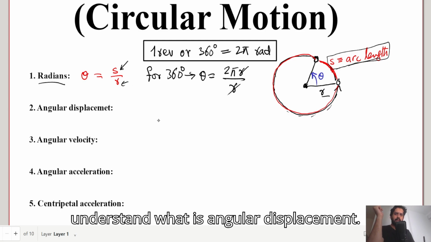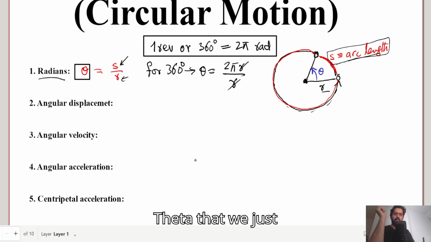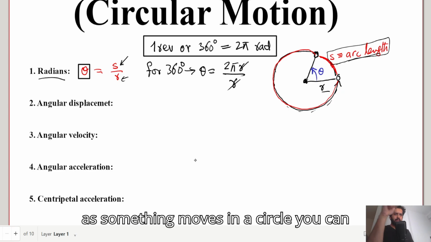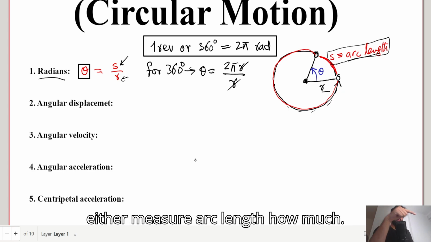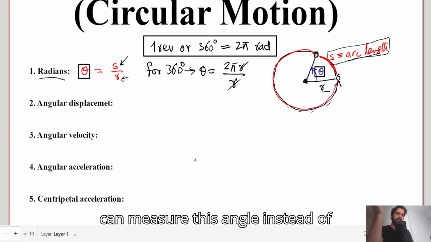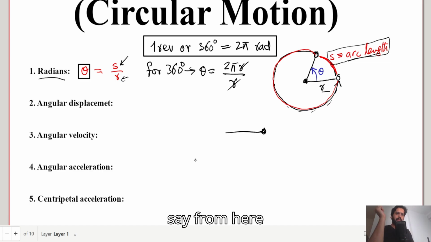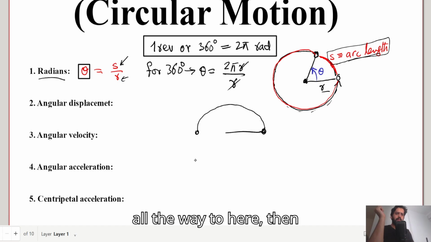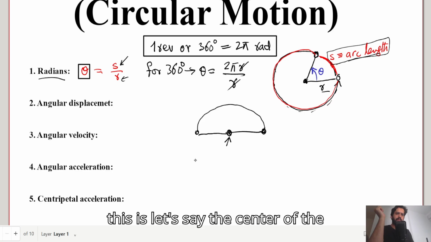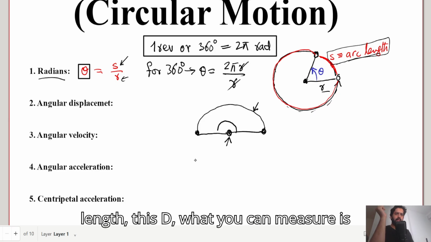Next, we want to understand what is angular displacement. Angular displacement is exactly this theta that we just discussed, in radians. As something moves in a circle, you can either measure arc length, how much distance it covers, or you can measure this angle instead. For example, if this object goes from here all the way to here, and this is the center of the circle, then instead of measuring this length, this d, what you can measure is this angle.